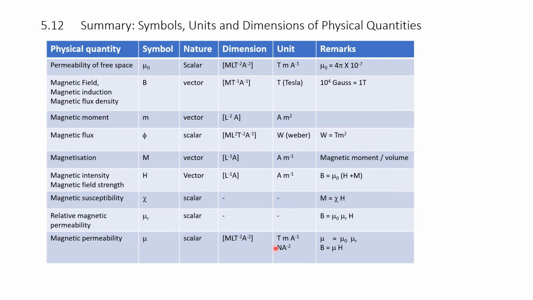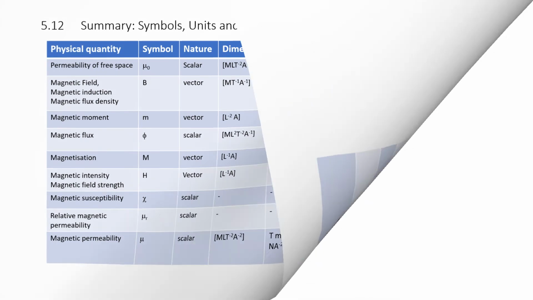It is given by T m A to the power of minus 1. Here mu is equal to mu naught mu r, and it is also given by B is equal to mu H. These are the different relationships. Please go through and study in detail and note down and remember their relationship with one another. It will help you in solving numerical problems.